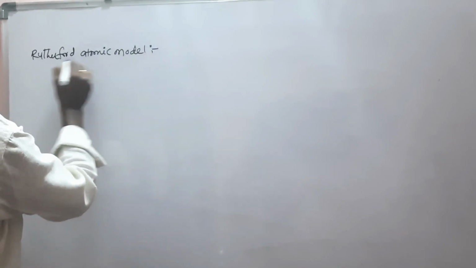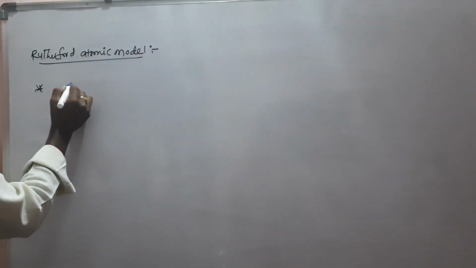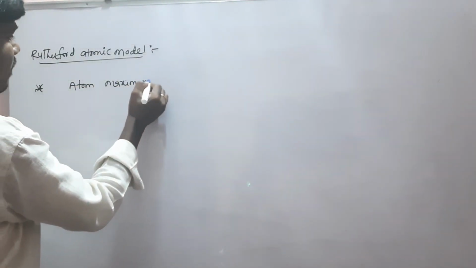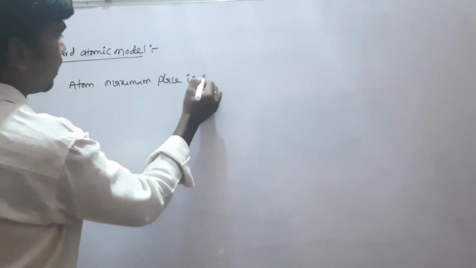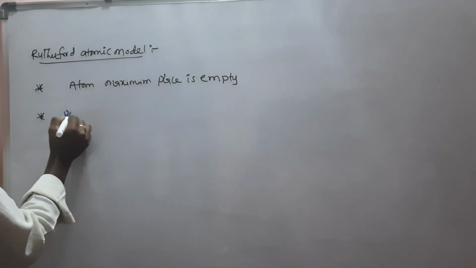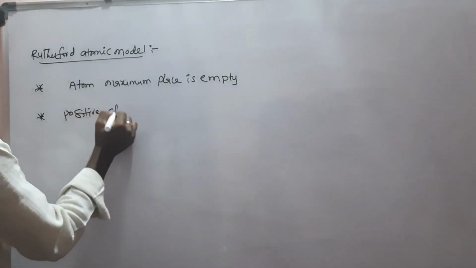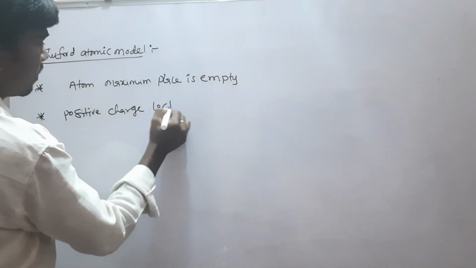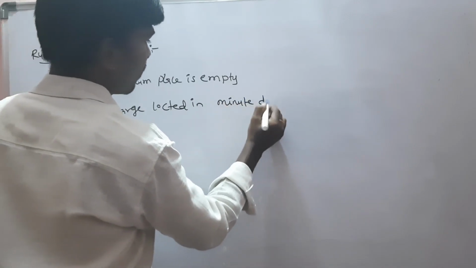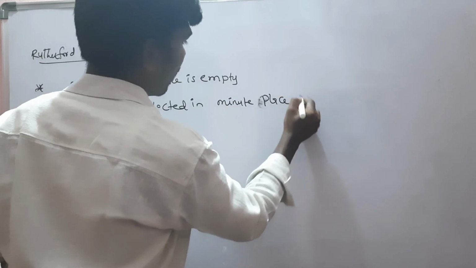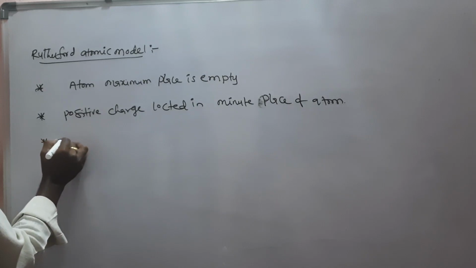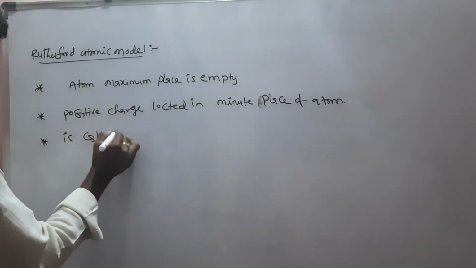According to this Rutherford atomic model, in an atom the maximum place is empty, and the positive charge is located in a minute place of the atom, which is called the nucleus.